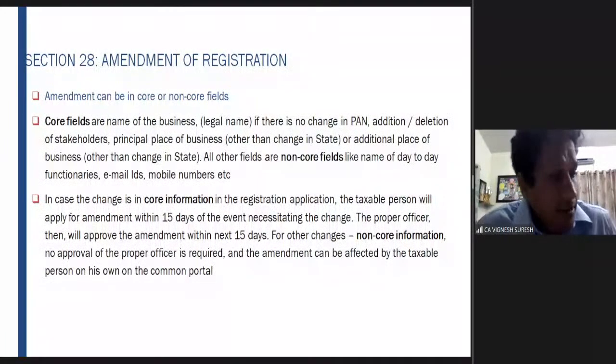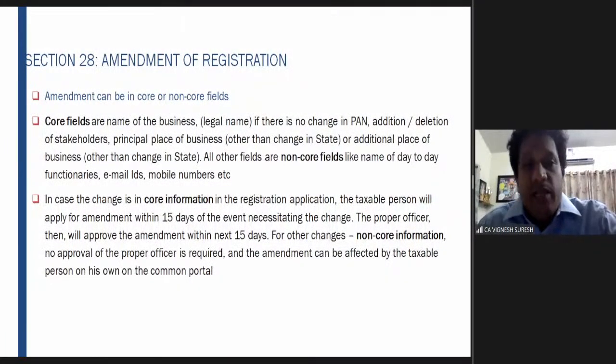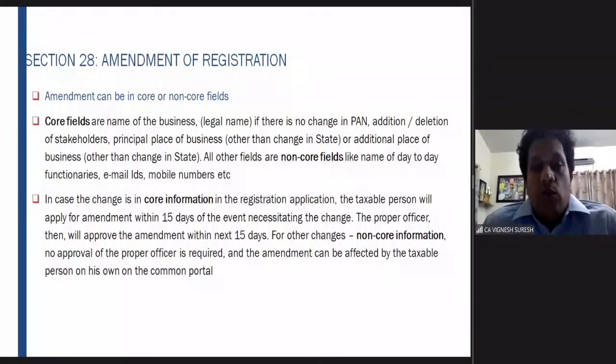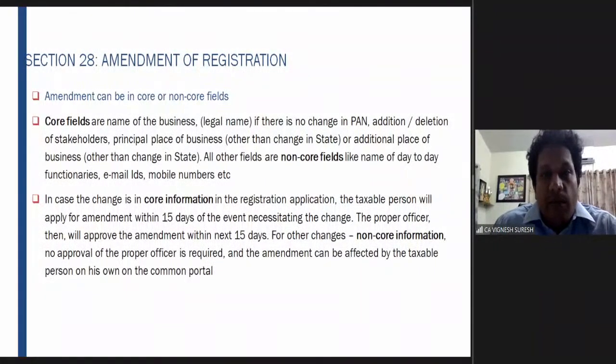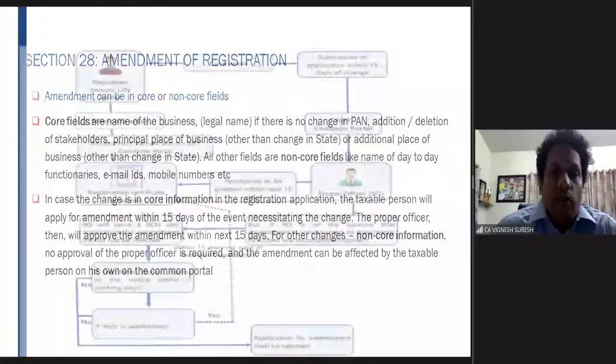There is no need of any approval or rejection by the proper officer. In case of core information, however, he has to apply for amendment. The proper officer will approve the amendment within the next 15 days. For other changes, that is non-core information, no approval is required by the proper officer. It can be effected on its own by the taxable person on the common portal.